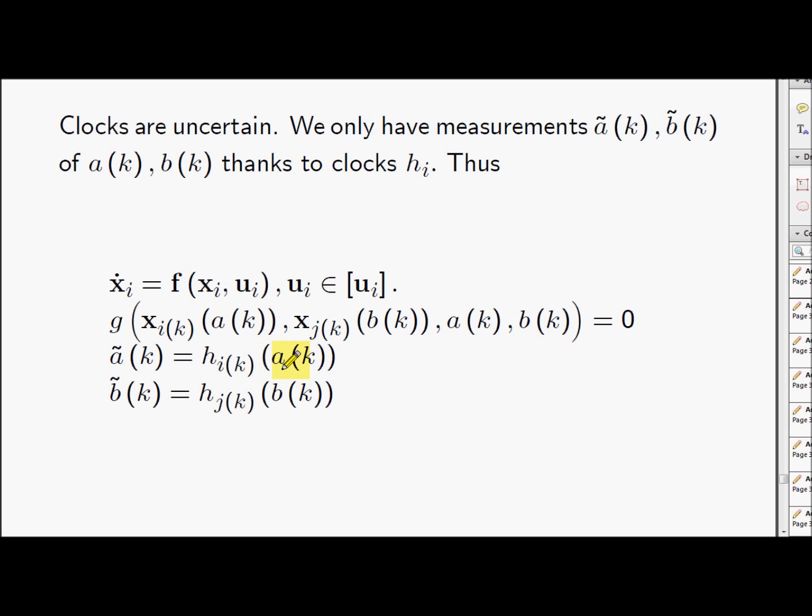So A tilde corresponds to the time measured by robot i at time A, and this clock function h for i and j is unknown, it is not perfectly known. So I will represent it by a tube.